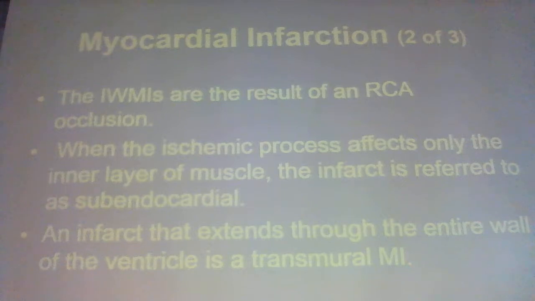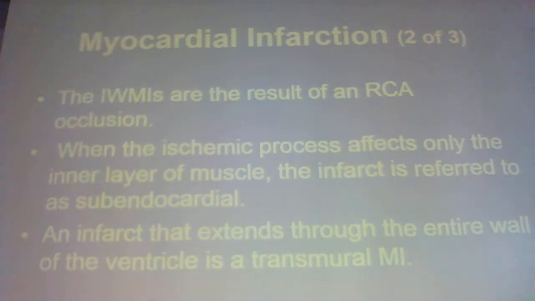So think this through. Let's say that I have a big MI right here, and it's through the muscle, it's transmural, right? And this is infarcted. This is dead tissue. Is it going to be easier for electricity to get through it or harder for electricity to get through it? It's actually easier because it's dead.